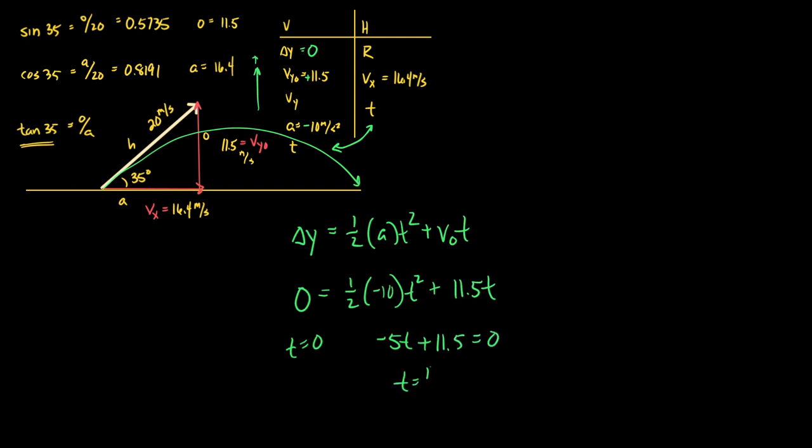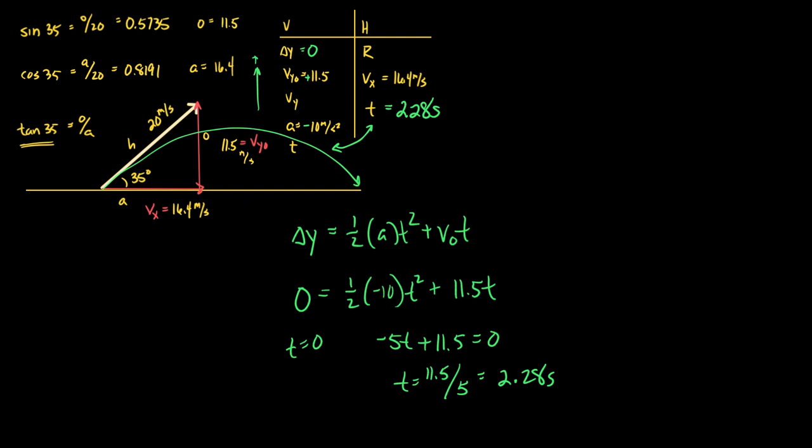So t is 11.5 divided by 5, which is 2.08. I don't know if that's right or not. 2.28. Sorry. No arithmetic today. That's in seconds. Almost there. So many steps.